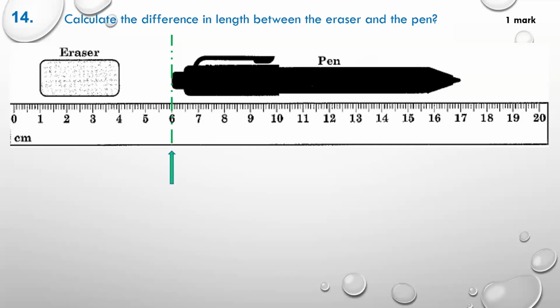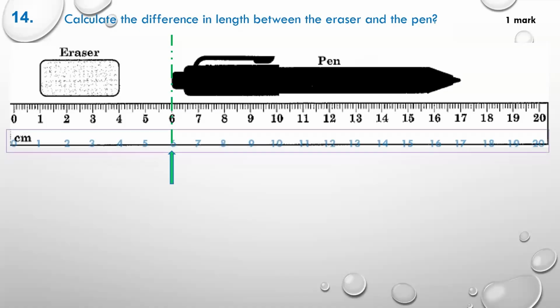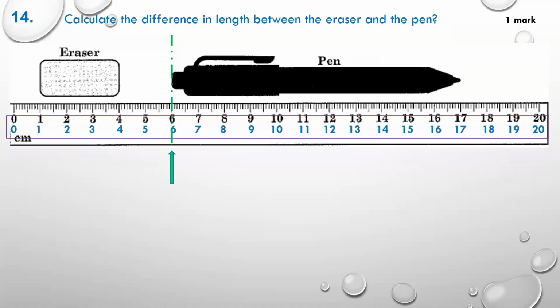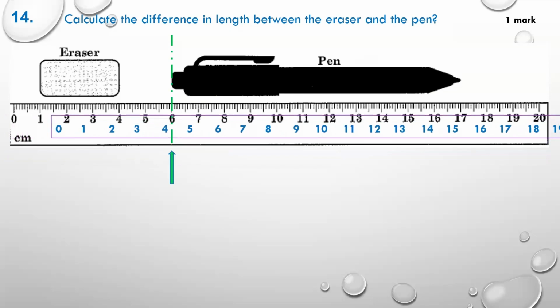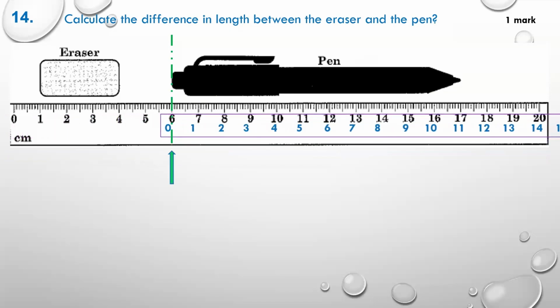Now recall that we can actually think of it as starting a number line, and we shift the number line to the point where the pen now starts. If we shift it down, we'll see that with the blue number line there, we have 0 where the pen starts. And if we're measuring to the right, 1, 2, 3, 4, 5, 6, 7, 8, 9, 10, 11.